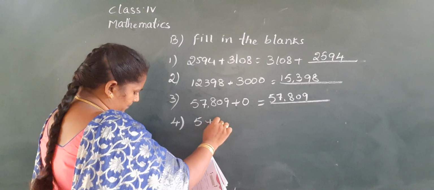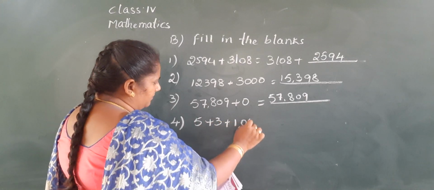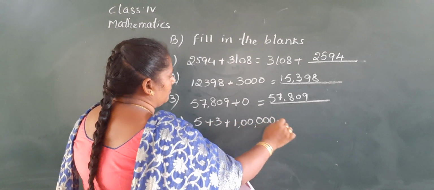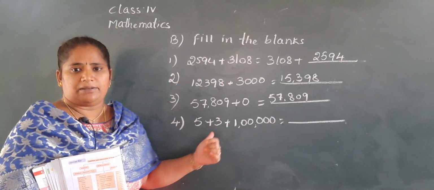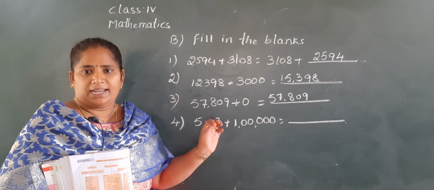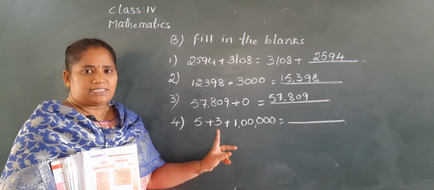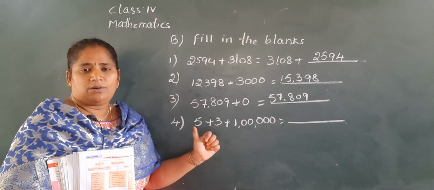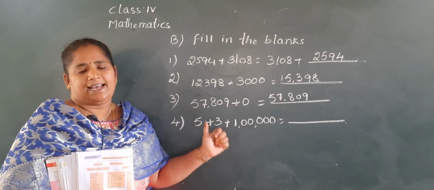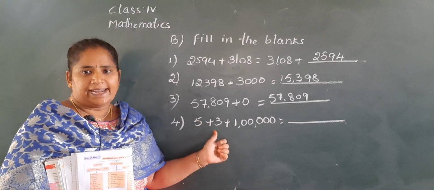5 plus 3 plus 1 lakh. This type of addition also we will do in our mind only, Nana. Very, very easy. Here they are given one digit numbers. 5 plus 3. What is the sum of 5 and 3? Yes, very good. It is equal to 8.